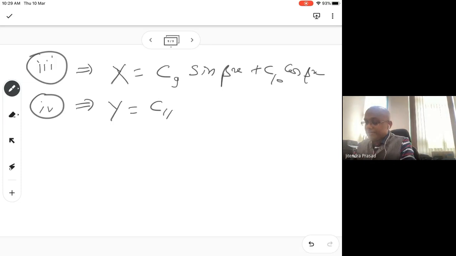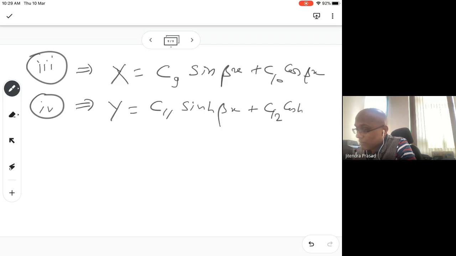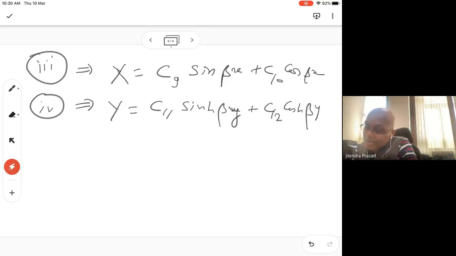Okay, sorry, guys. So Y equal to C11 sine hyperbolic beta y plus C12 cos hyperbolic beta y. So this will be exchanged now.